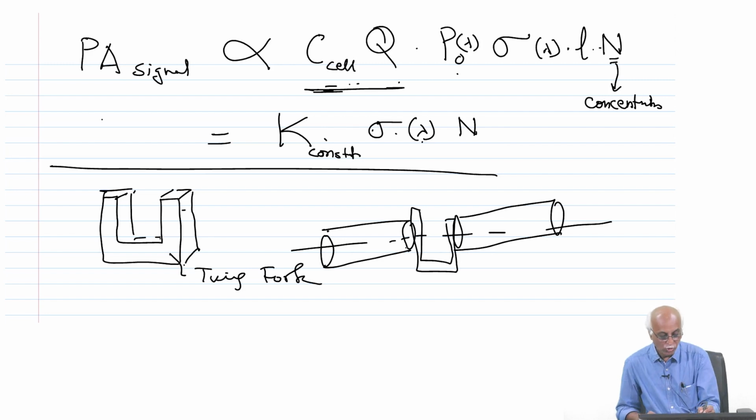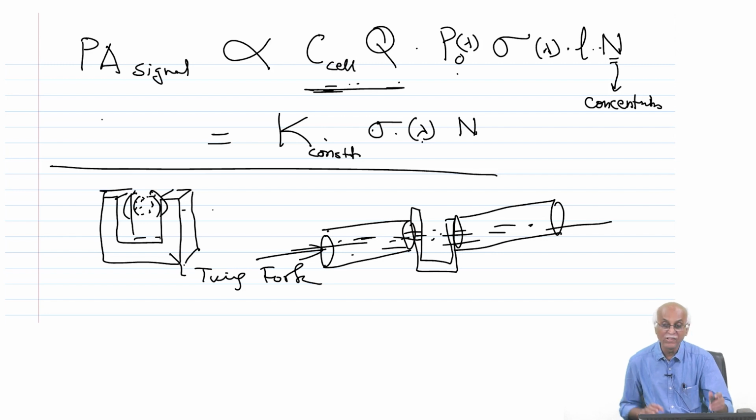The molecules are all present over here, and when light passes through this and interacts with the molecules, it will produce a photoacoustic signal, and that photoacoustic signal will produce pressure waves, and hence the tuning fork will start vibrating.